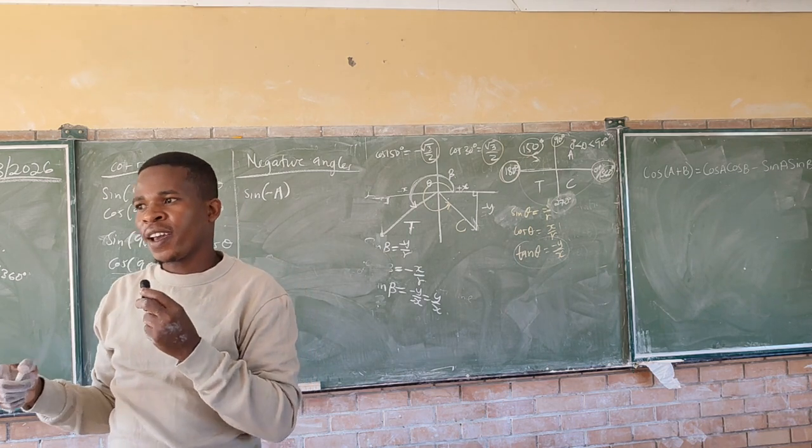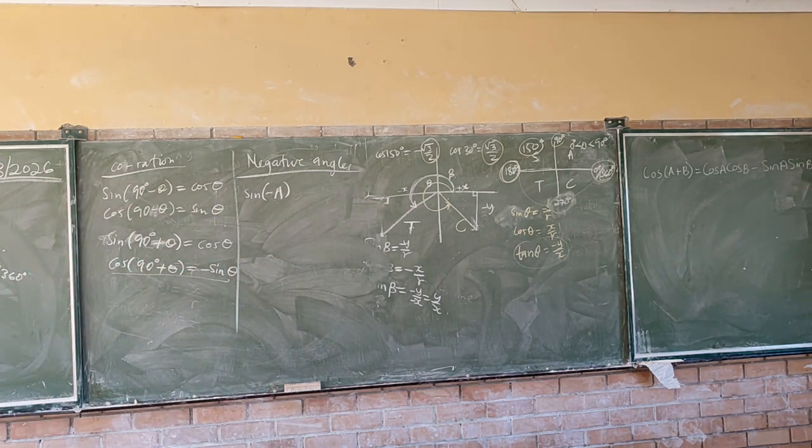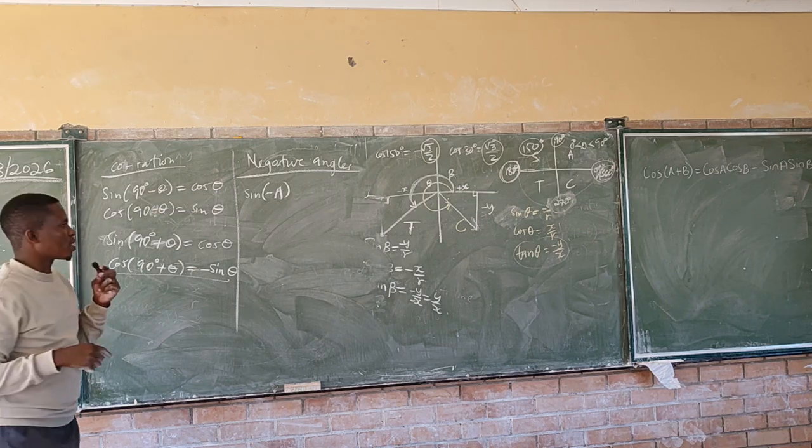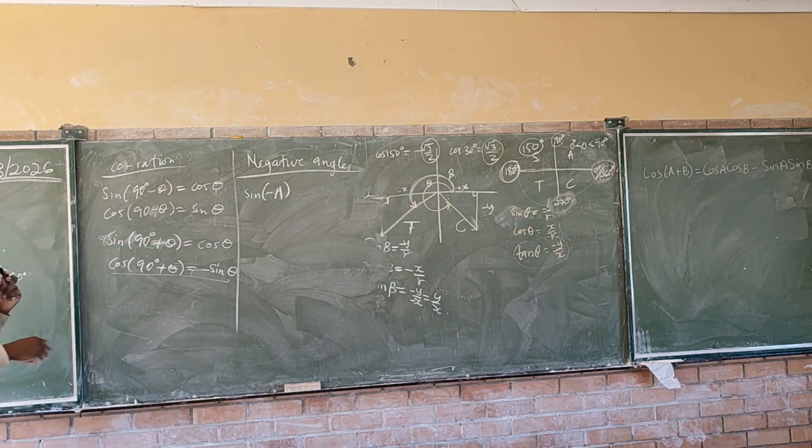When I say negative A, an acute angle, it means we are rotating in a clockwise direction. But rotating in a clockwise direction is not what we are looking for. So if you rotate in a clockwise direction from here, which way are you going?